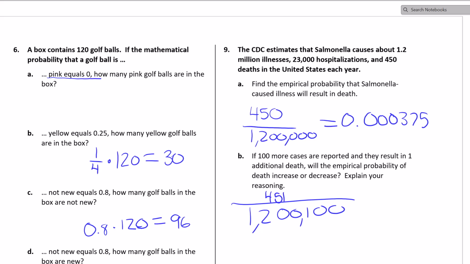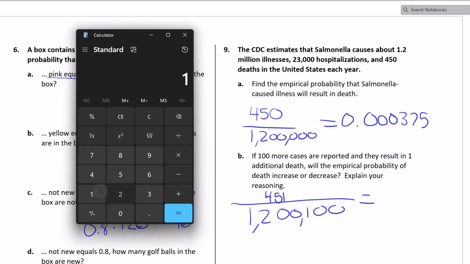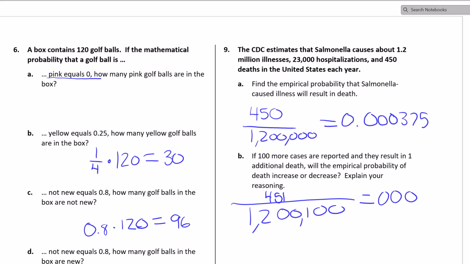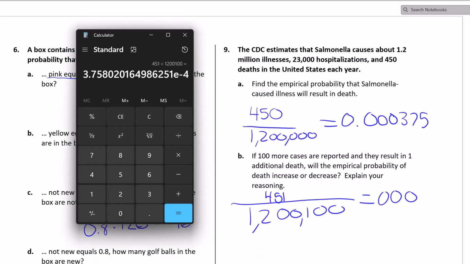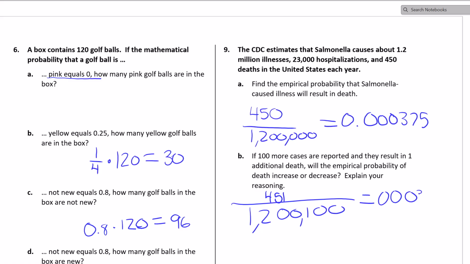We had 450 deaths before. Now we have 451 deaths, whatever that calculation is. My guess is it's actually not higher. Let's find out. It's higher? Oh, man. Oops. Well. Like this? Okay, look at you. 0.00375.8. Okay, so it's slightly up.